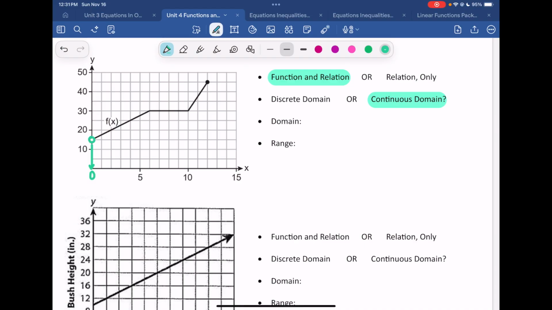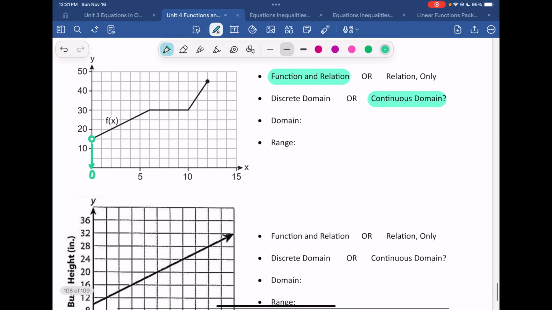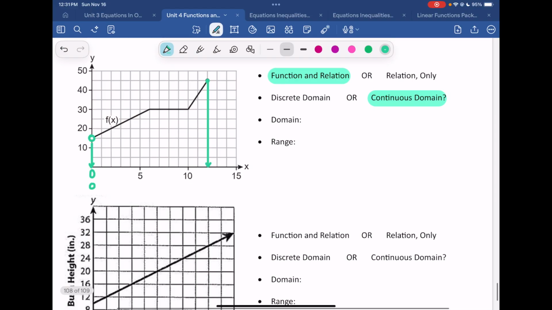And it's not always going to be, it happens to be for these last few problems. Okay, so I'm going to just put like a little open circle here. And then this point here is the furthest one to the right. So if we trace it to the x-axis, you'll notice the x-axis is going by ones. So this is just 12.